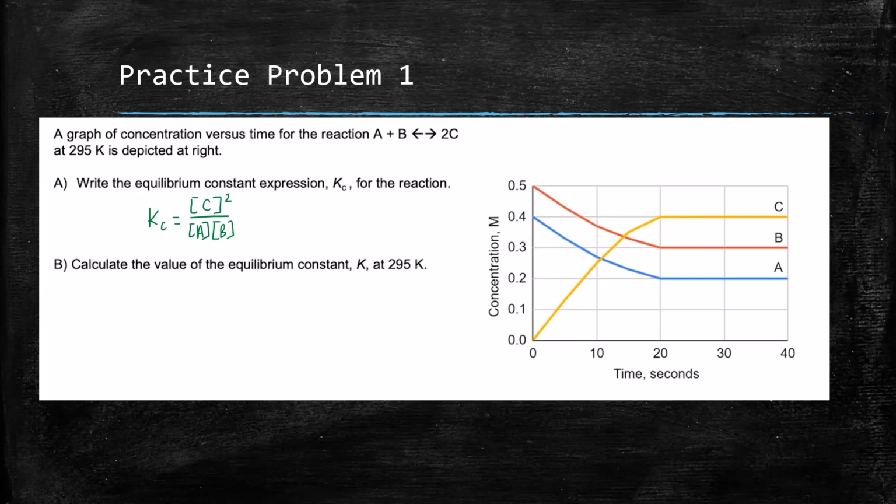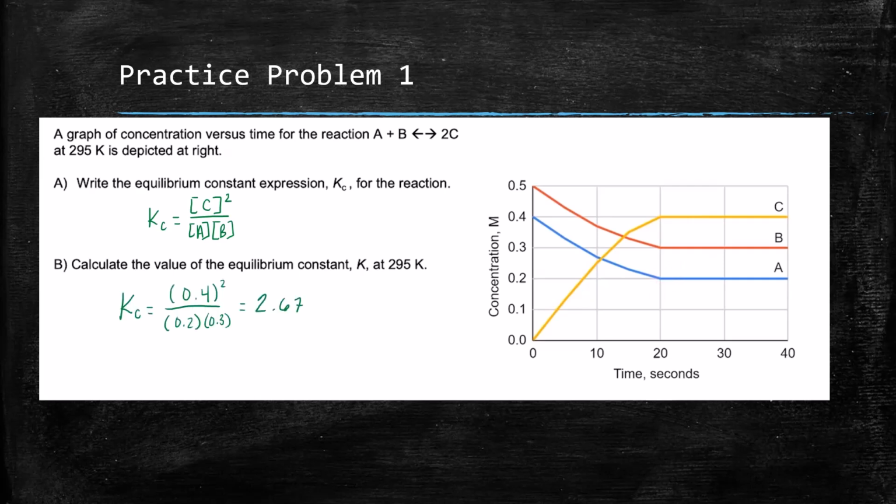And so the concentration you're going to use for your product, which is the C line, the yellow line, is going to be 0.4 molar. The concentration you're going to use for A is going to be 0.2 molar, and the concentration you're going to use for B is 0.3 molar. Again, I'm getting those values from the graph, and so you're going to see right here, C is at 0.4, B is at 0.3, and A is at 0.2.